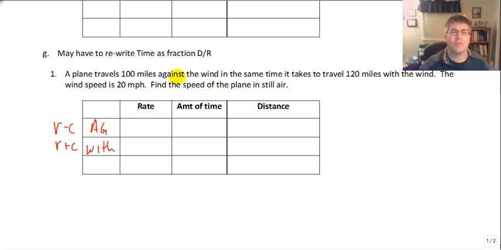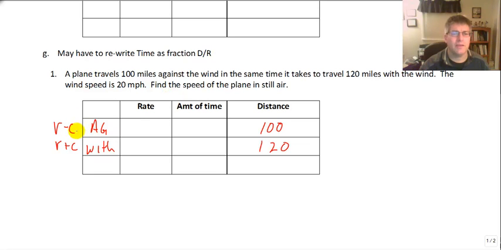So a plane travels 100 miles against the wind in the same time it takes to travel 120 miles with the wind. So it appears they're giving us our total distance here. Our total distance against the wind is 100 miles, and our total distance with the wind is 120. The wind speed is 20.